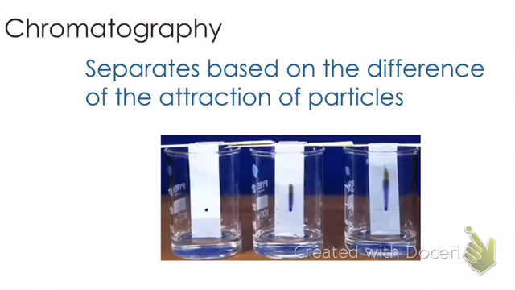Chromatography we're really not going to study at all, but this is a good example of ink being separated. You can see those different colors coming out, and it's just that different colors, different molecules had a different attraction for these different solvents in the paper there. So it helps us separate.